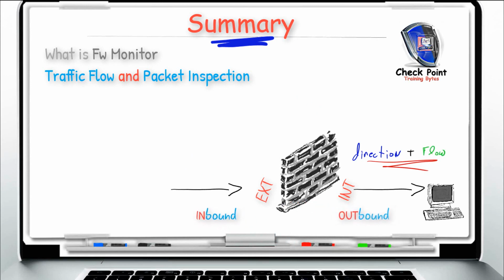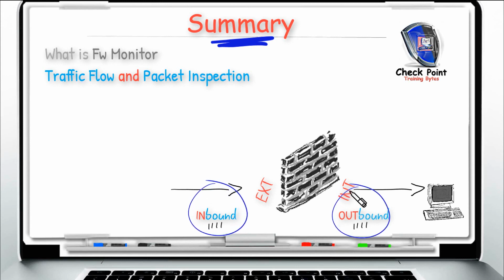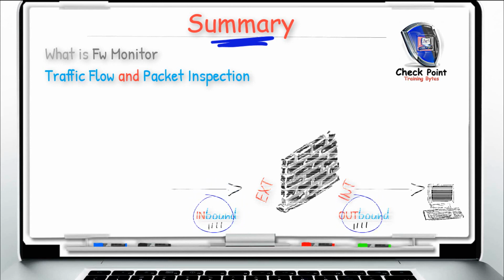And we also discussed how some products or functions will be done either on the inbound or on the outbound inspection. Some products or inspection functions might be done only on the inbound direction, or only on the outbound direction, or both the inbound and outbound direction.